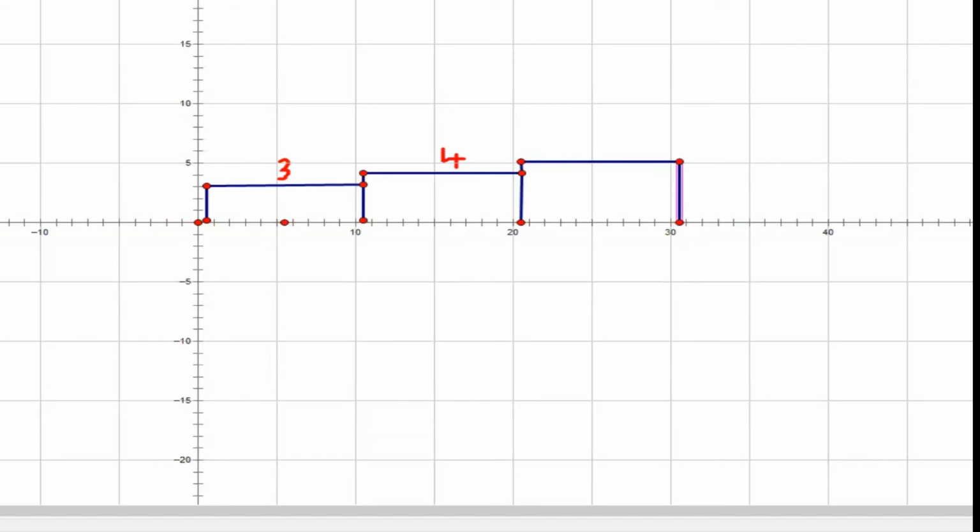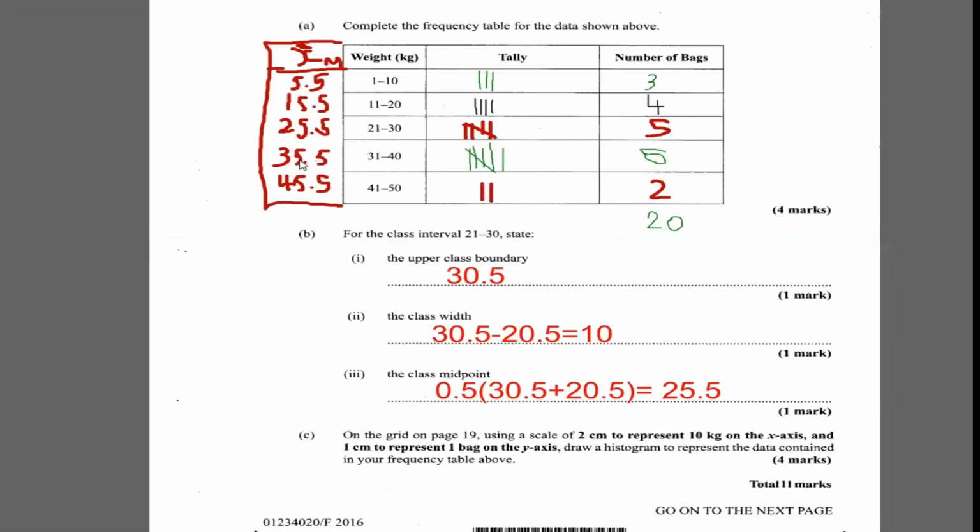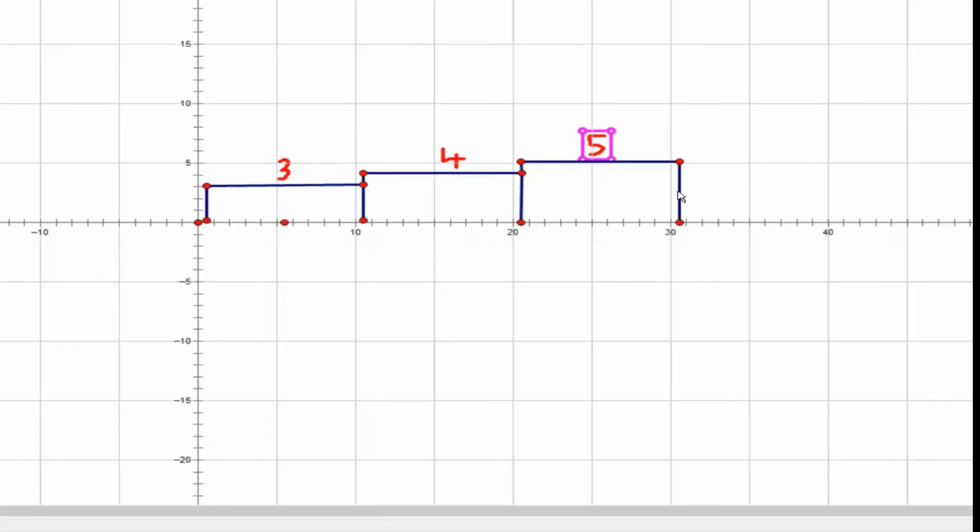All right, then this is 5. And then we need to plot 6 against 35.5. Need to go up by one more again. 6 is going to be right here.